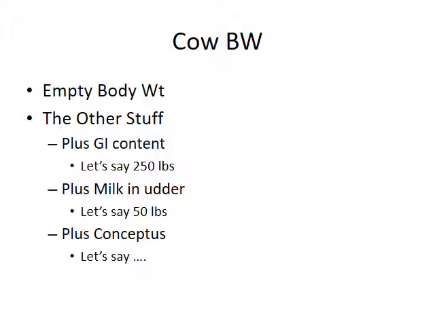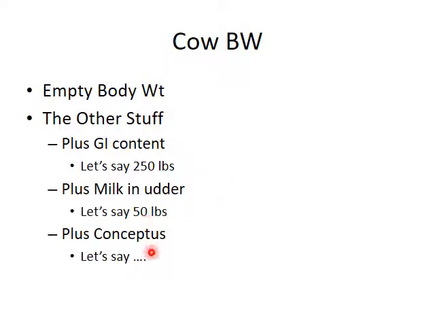We might want to think about how body weight is interpreted. We know that if you're shipping out a cow, they're going to want the rumen empty. So we look at shrunk weights, rumen fill. So we think about a cow's body weight. She's got her empty body weight, how much she weighs without anything in the guts, without anything in the udder, without a pregnancy.